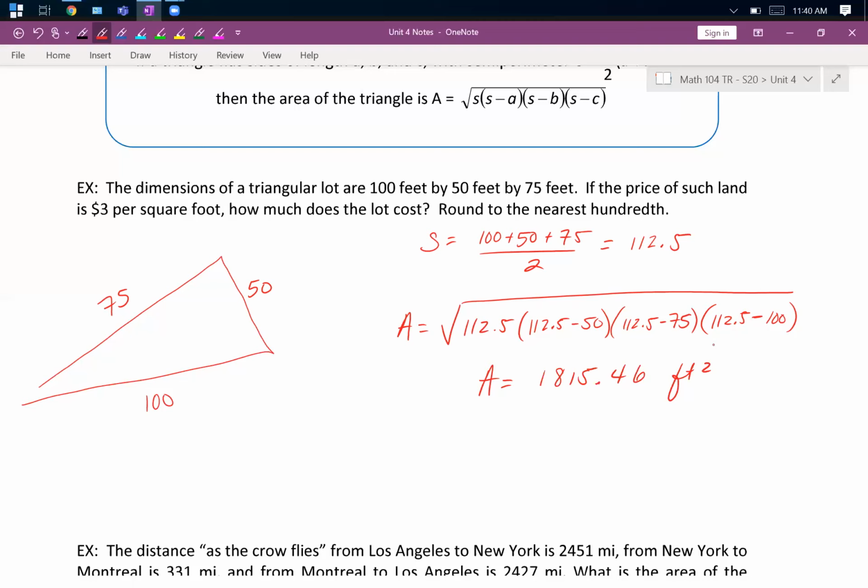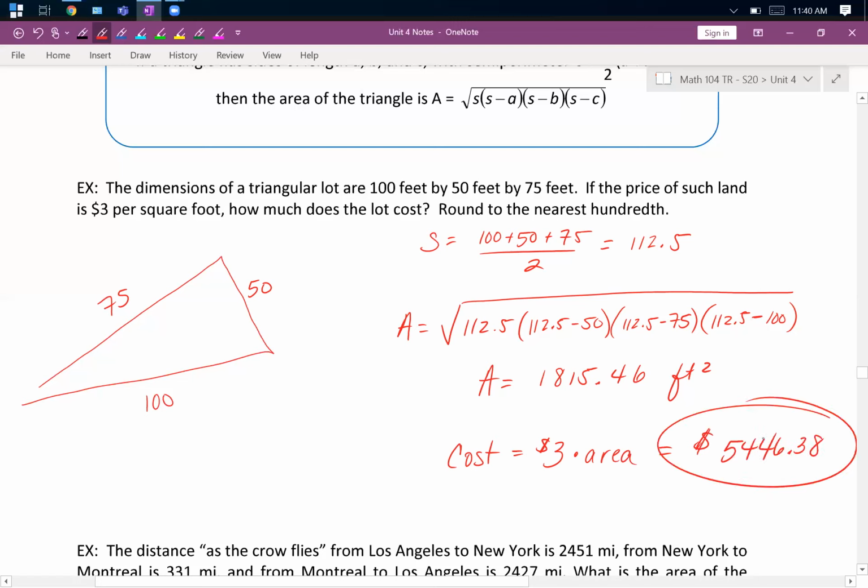But the question is, how much does the lot cost if it's $3 per square foot? So we'll have to take, for the cost, $3 times our area, and we'll round to the nearest cent, 5,446.38.